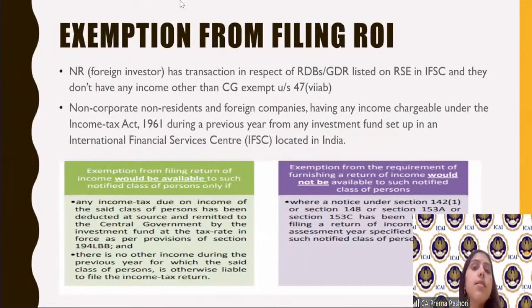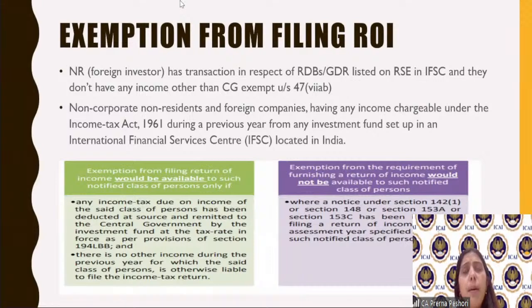The central government has exempted certain non-residents and foreign companies which have income from any investment fund set up in IFSC, and TDS is deducted under 194LBB on those investment funds.